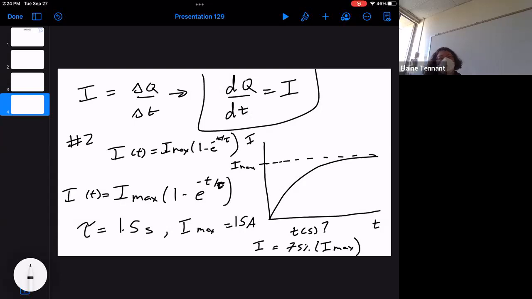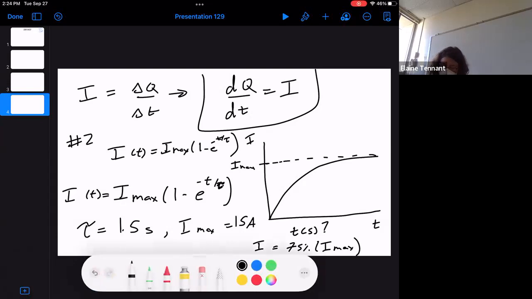Is that all right? Okay, so just looking at this, let me eyeball it: that's 3/4 of the way up, so that's 0.75 Imax. We're looking for that time. Sound okay?